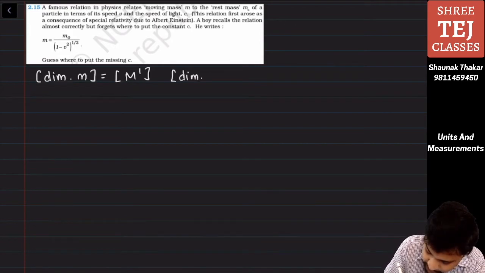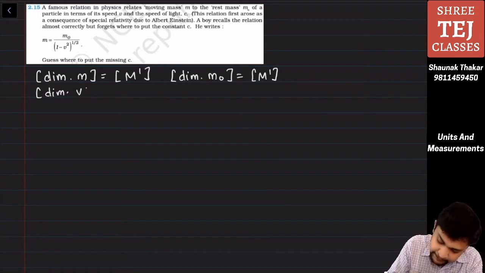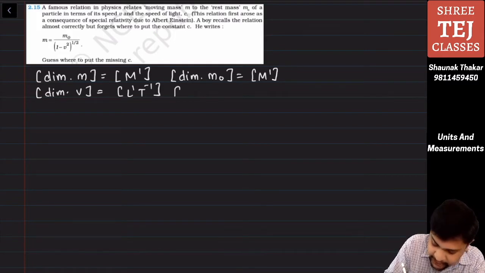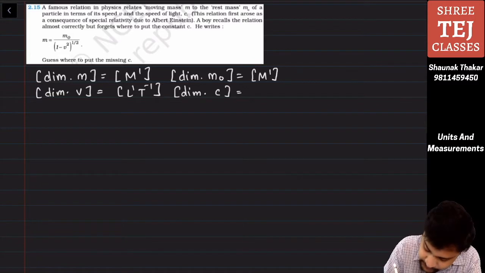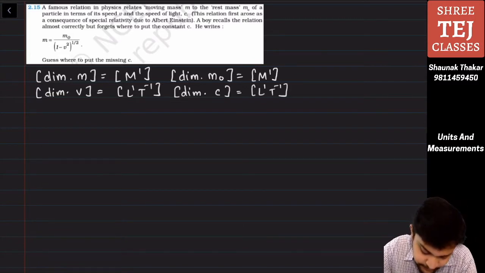Dimension of mass m naught will also be M raised to 1. Dimension of velocity v or speed v will be length raised to 1, T raised to minus 1, and dimension of c, which is speed of light, will be again L raised to 1, T raised to minus 1.